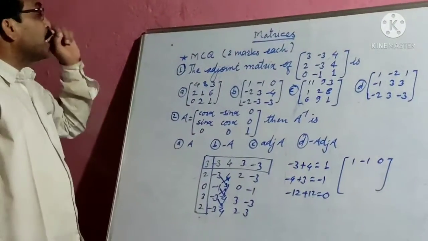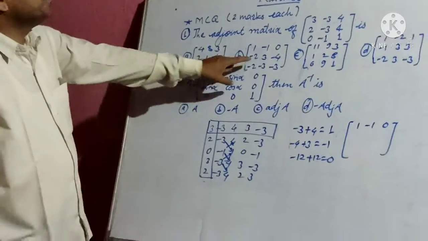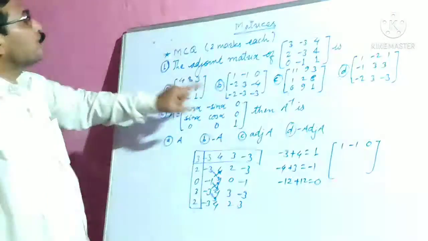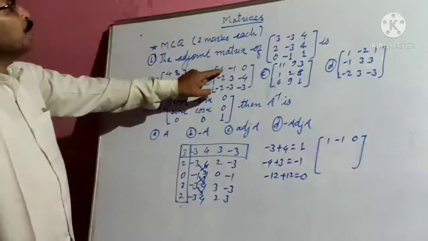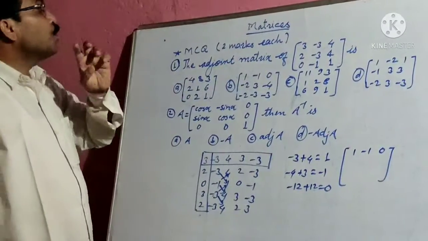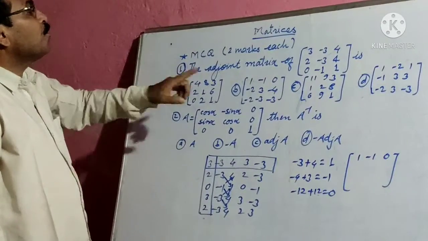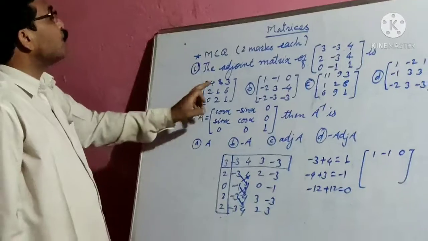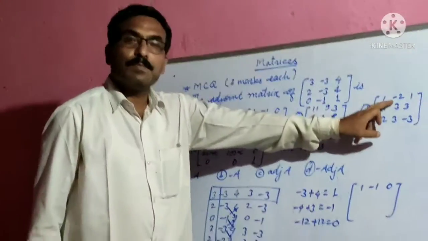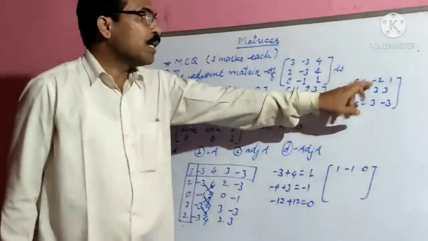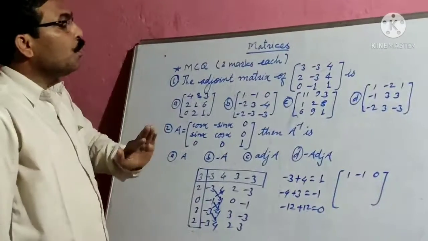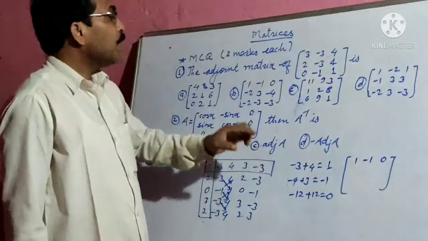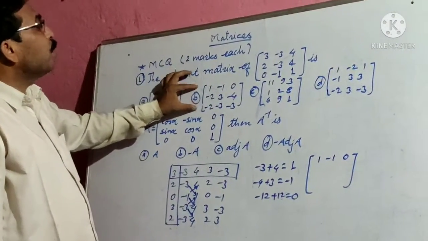Now check the alternatives, this A, B, C, and this is D. In option B we have first row 1 -1 0. We don't have 1 -1 0 as the first row of any other alternatives. Therefore no need to find the remaining 2 rows, and this will be our answer.